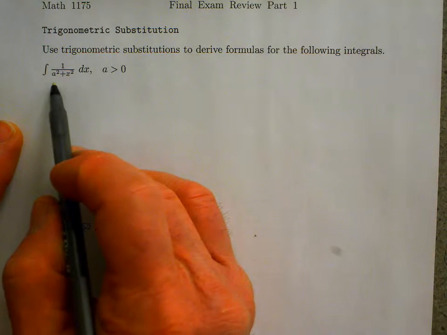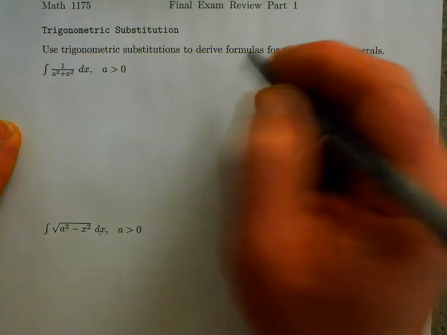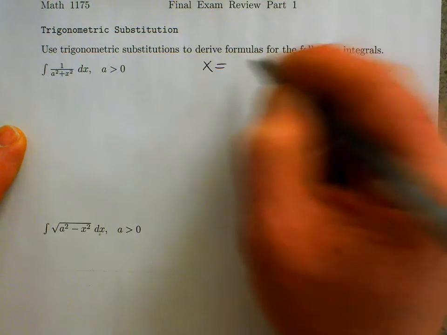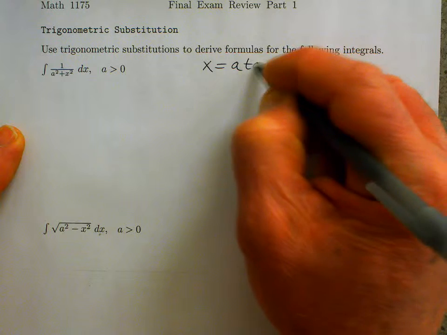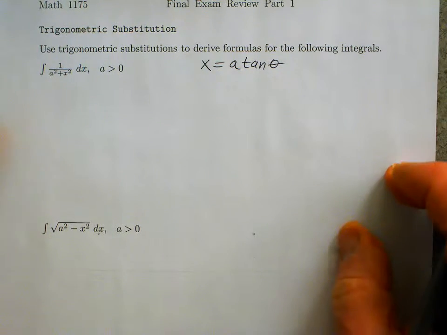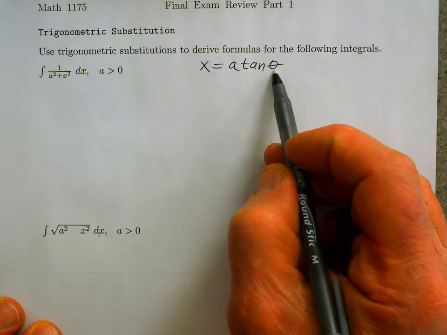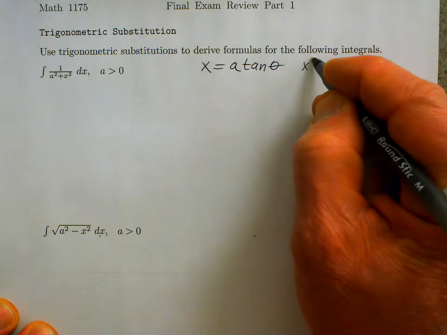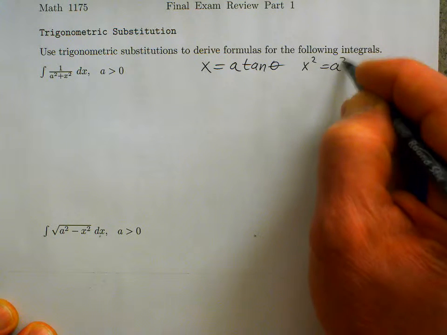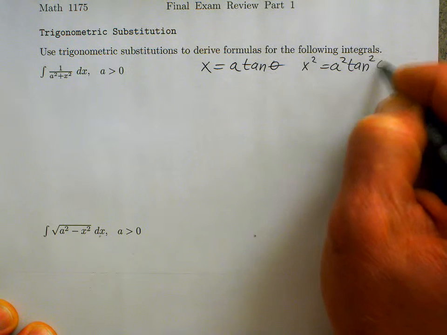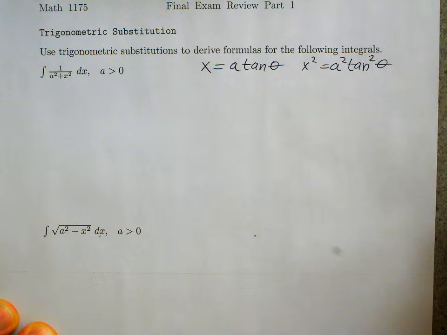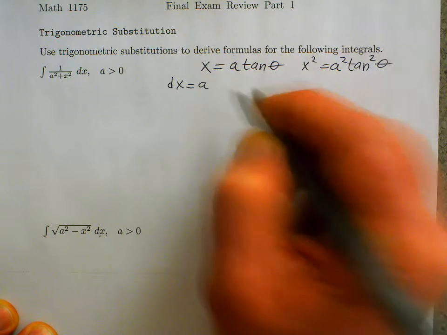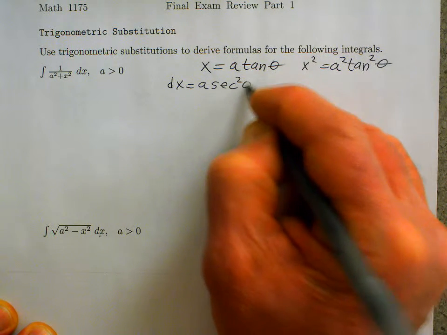So on this one, the denominator a to the second plus x to the second, this has the form where I decide to pick x to be a times tangent of theta, or some other variable if you don't like theta. Just don't pick x. And so x to the second is a to the second times tangent of theta squared. We do need to know what dx is. So dx is a times secant of theta squared d theta.